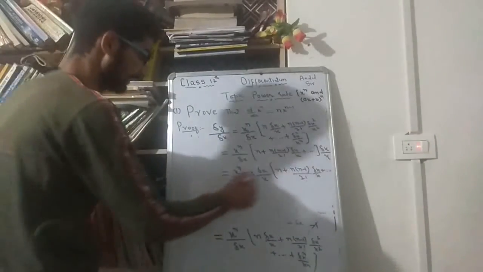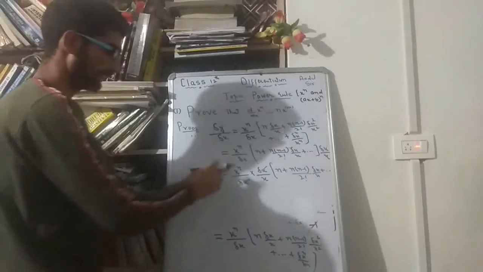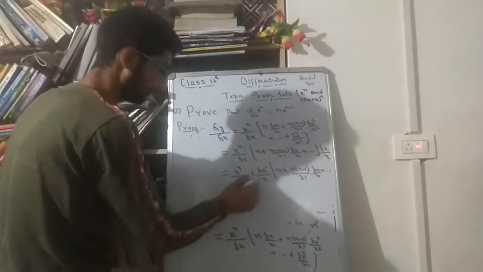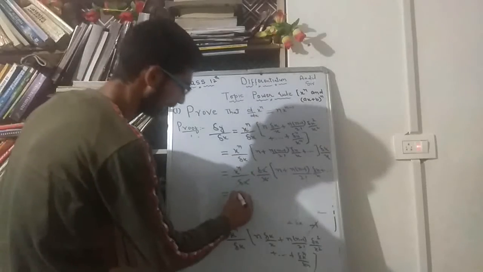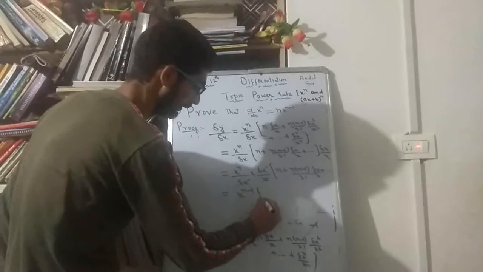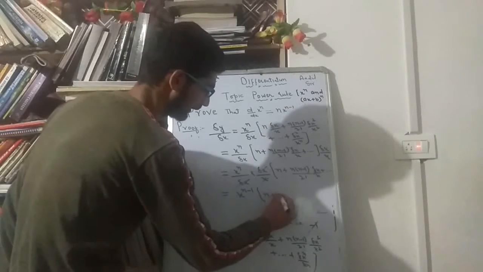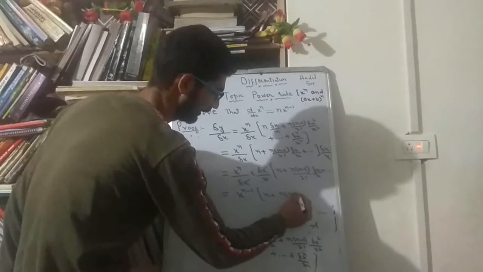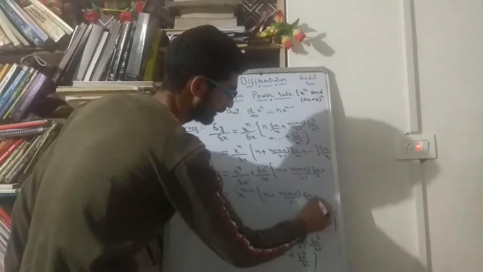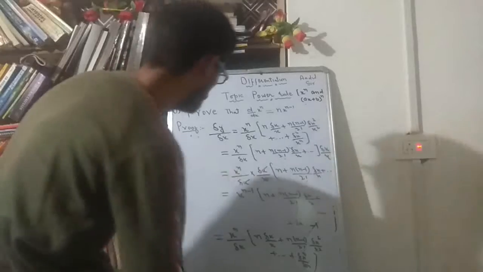Now del x and del x will get cancelled, and x^n divided by x will become x^(n minus 1), and then n plus n into (n minus 1) divided by 2 factorial del x divided by x plus so on.